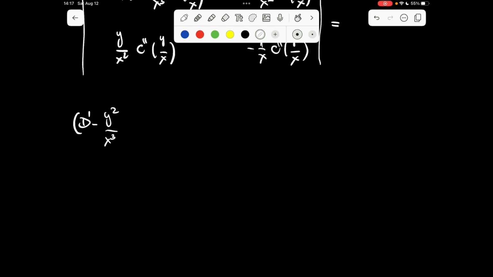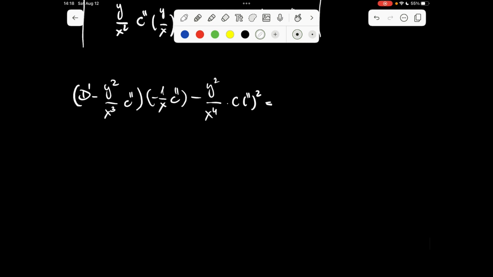We have some tricky multiplications. I am trying to simplify the expression by omitting the arguments of the functions.